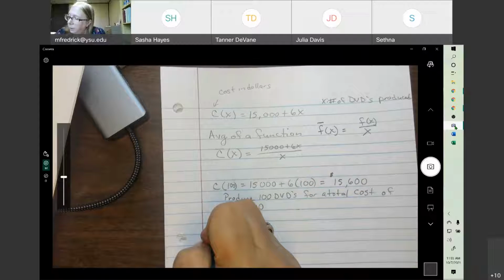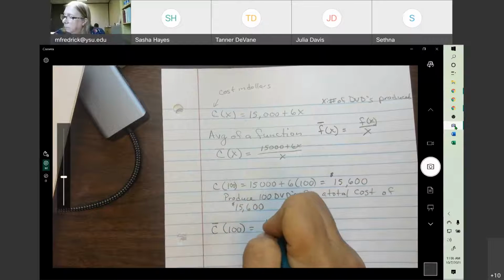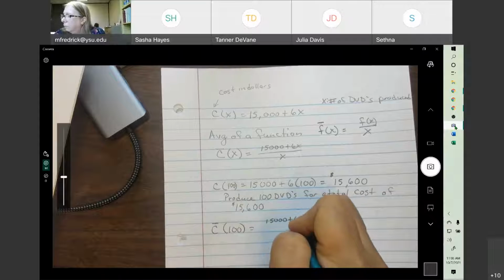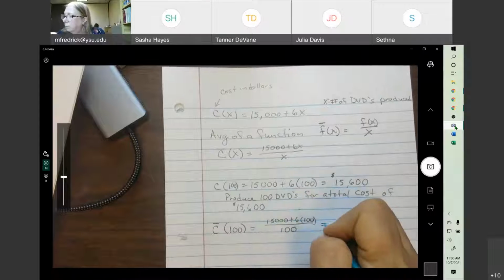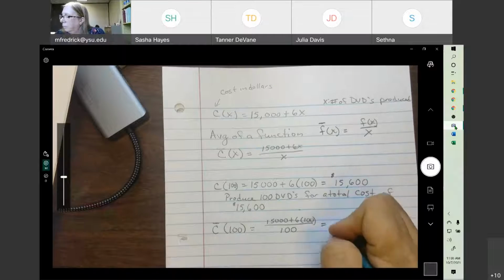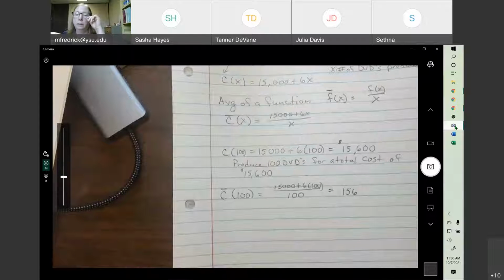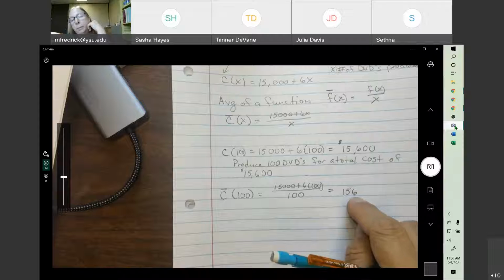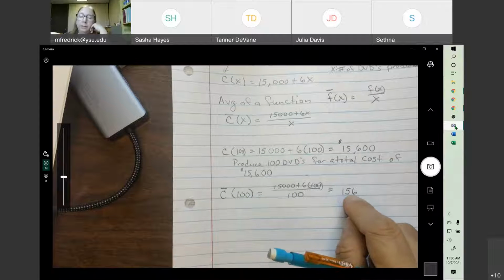Now when we plug it into the other one, the average function, we get 156. This is how much you're paying per DVD. So if we're only producing 100, we're paying $156 each.